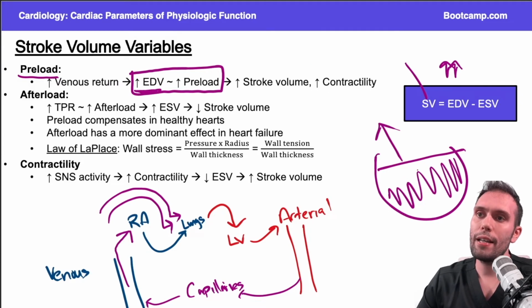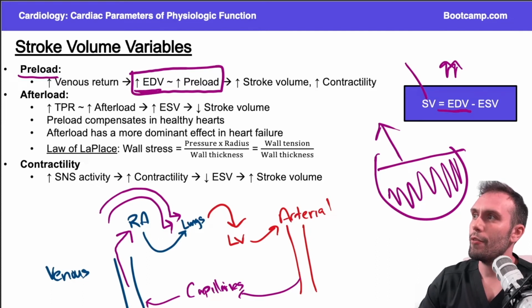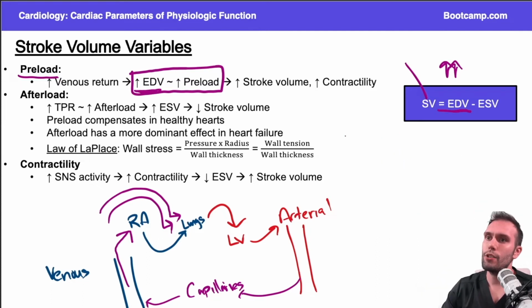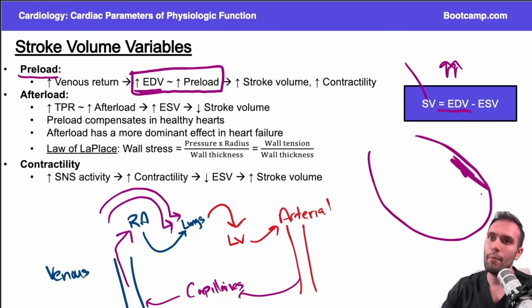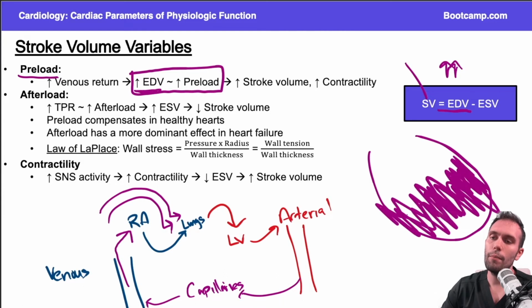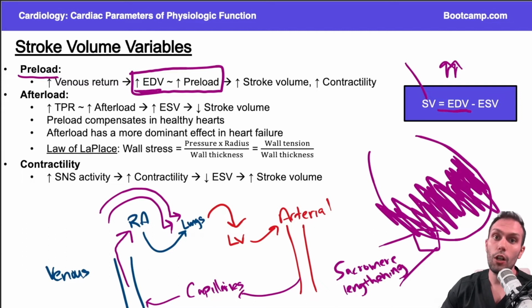Why is it when I have more blood that comes back to the left ventricle, I have more blood that's ejected? What happens is the preload is actually related to the left ventricular chamber volume. And as the left ventricle dilates to accommodate more blood, what's happening here at the myocardial cells is the sarcomeres are going to lengthen. So you're going to have sarcomere lengthening that's occurring as you accommodate more blood here in the left ventricle, up to a degree.